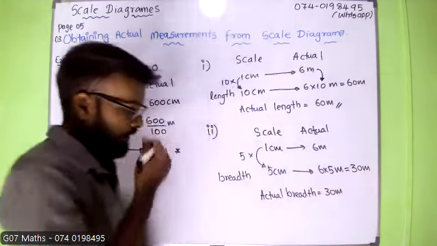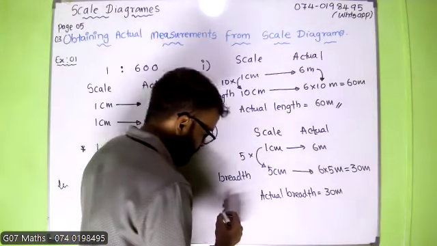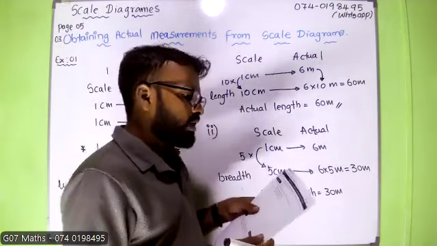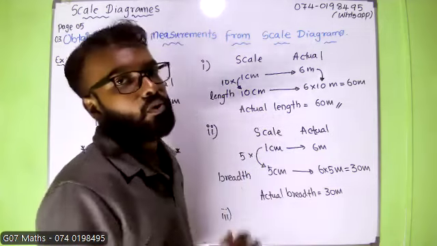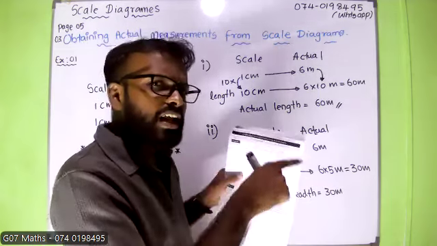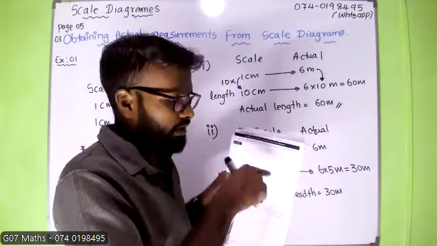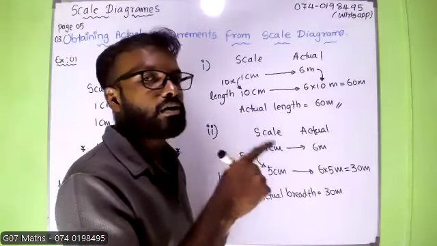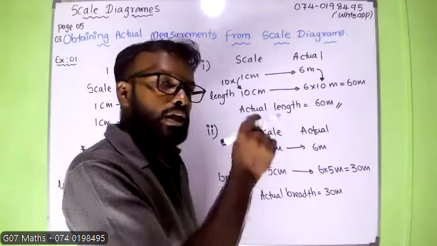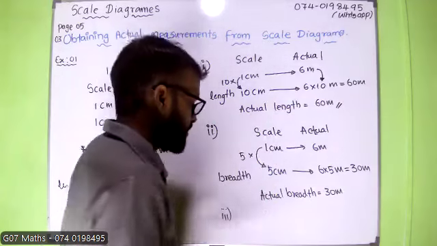Third one. They are asking for the actual area of the floor. How do you obtain the area of a rectangle? Multiply both length and breadth together.